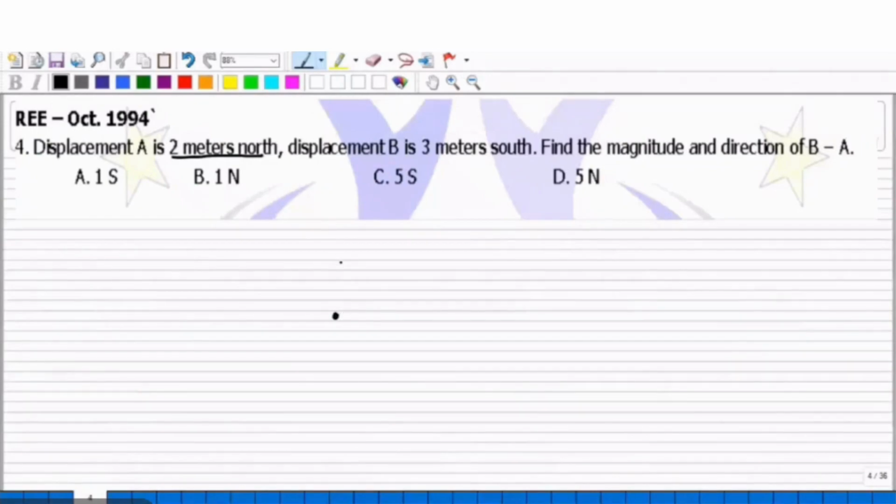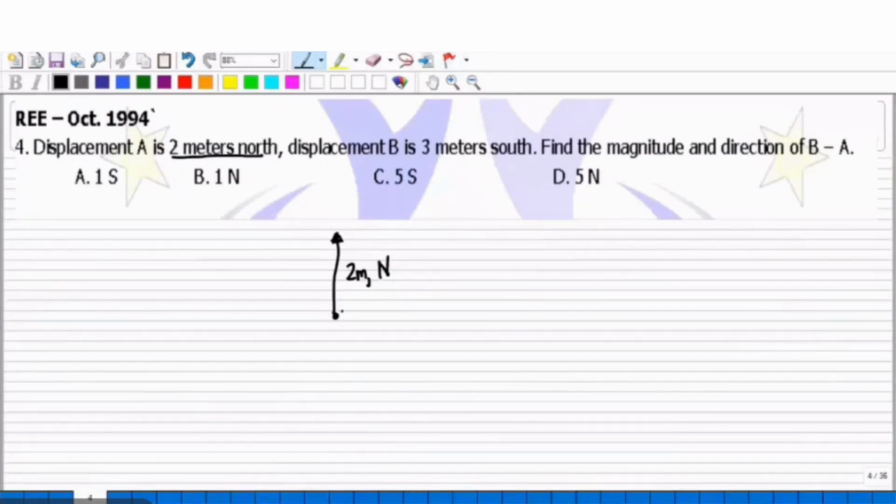So, papataas ka or magpapanord ka ng 2 meters. Ayan, so this is 2 meters. Okay, sabihin na lang natin 2n na lang po yan. So, 2 meters north. Next, displacement B is 3 meters south.